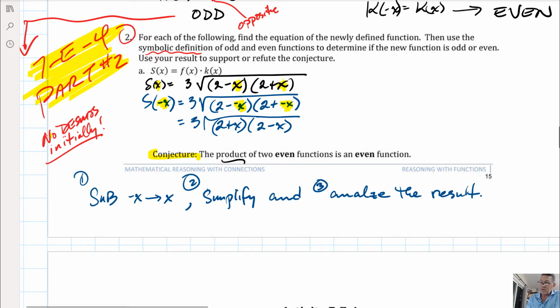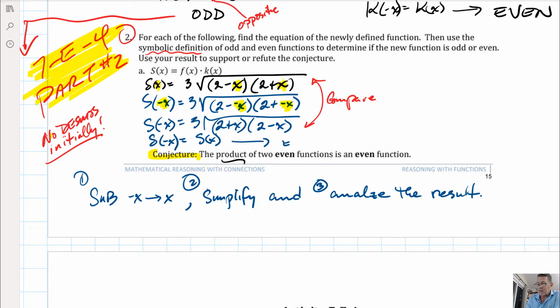And then if you compare the original function, which is s of x, with the new function s of negative x, you notice that these are the same. They're equal. So this is equal to the original function, which we call s of x. So I know that s of negative x equals s of x, and that tells me that we have an even function because that's the definition of even.